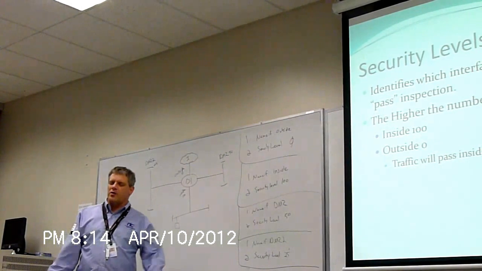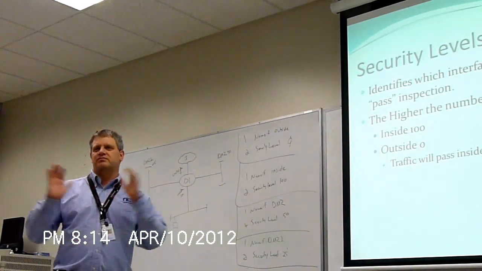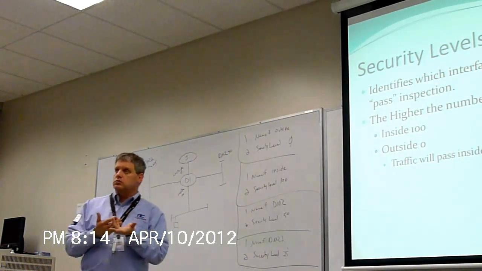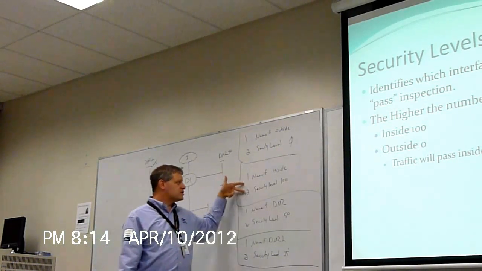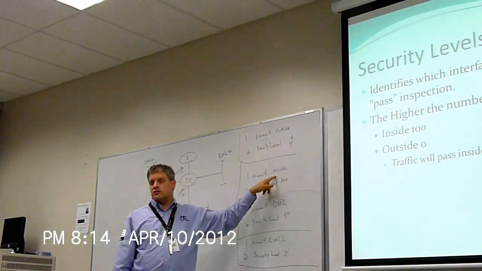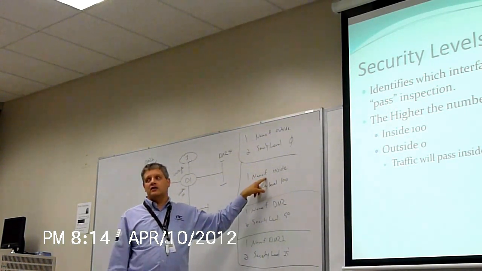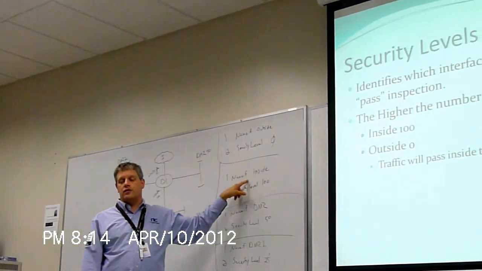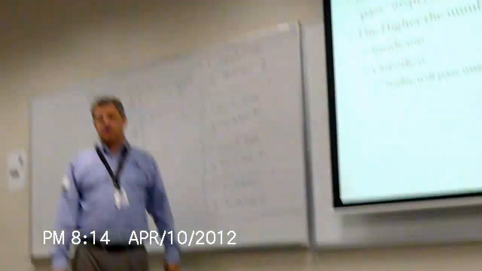In a traditional router, we just have to give it an IP address and turn it on. We're done. We still have to do that if it's in routed mode. But we also have to do two additional steps. We have to name the interface, and this is used for defining network address translation and to define your access groups. And we have to give it a security level.